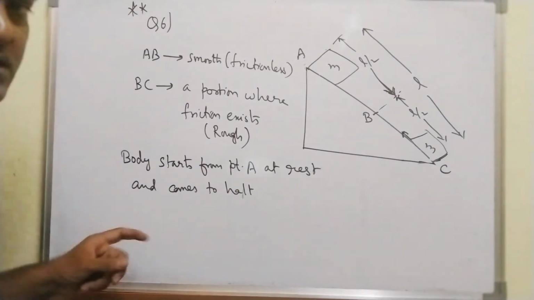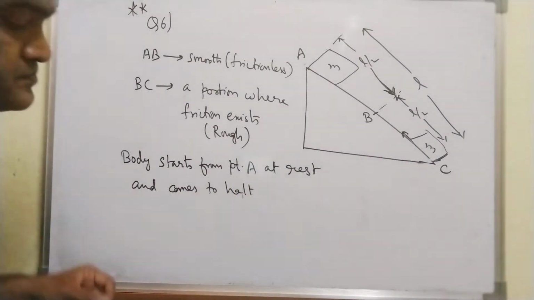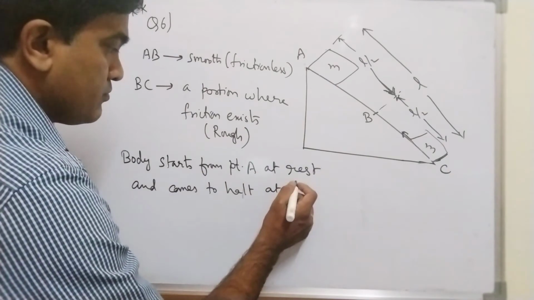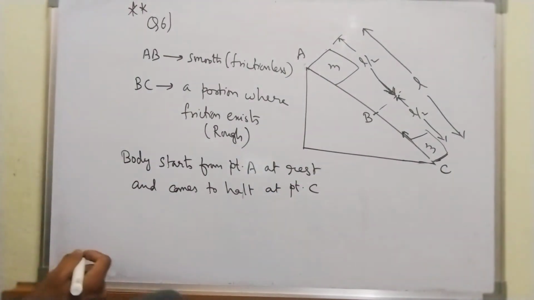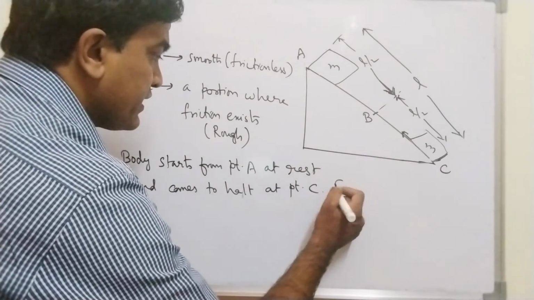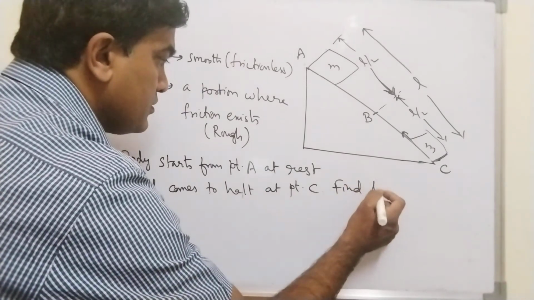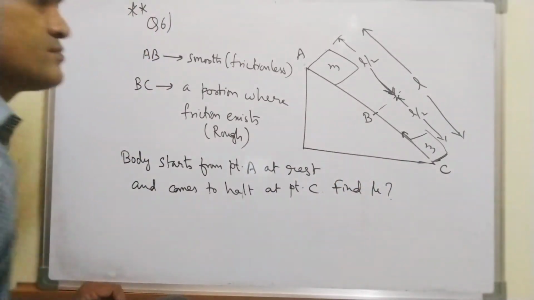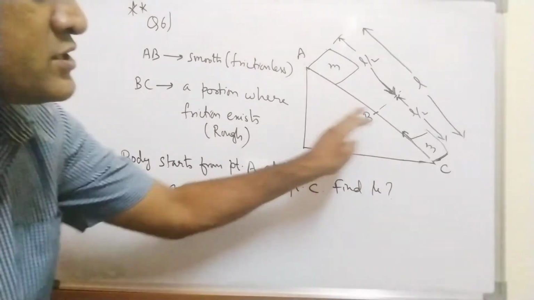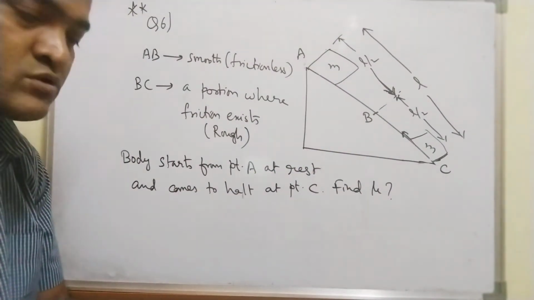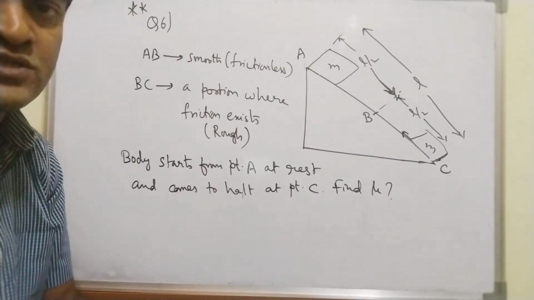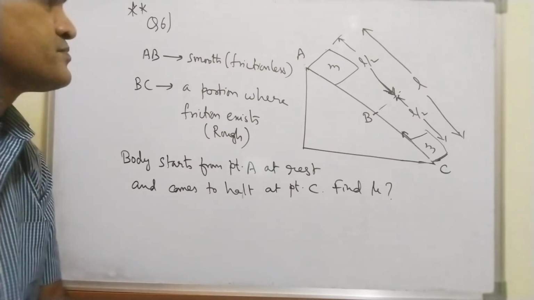It is again coming to rest at point C. Find mu during this portion. Anyways, the block is sliding, so kinetic friction will come into picture when this block slides. Is it?